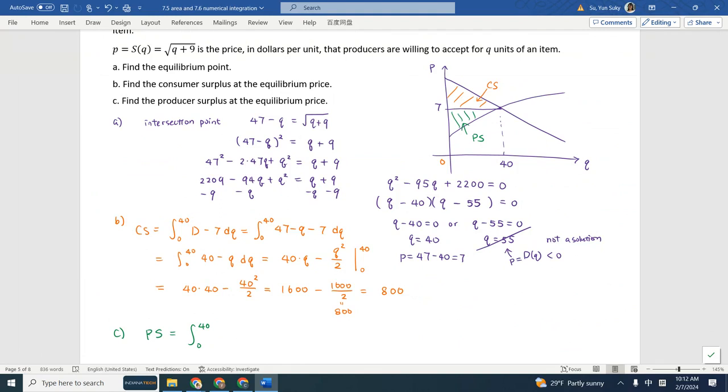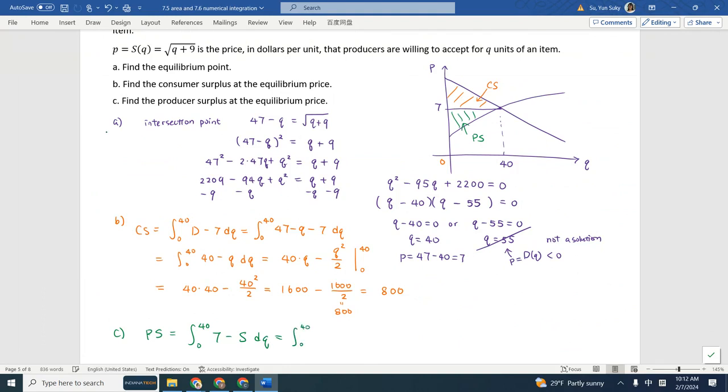The constant function 7, right? We draw a picture here. That's the upper function, and the lower function is the supply. So we can use 7 minus supply, dQ.